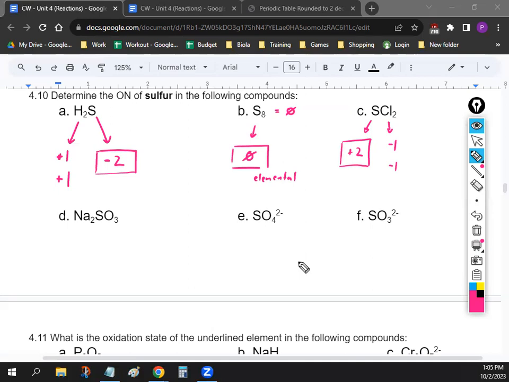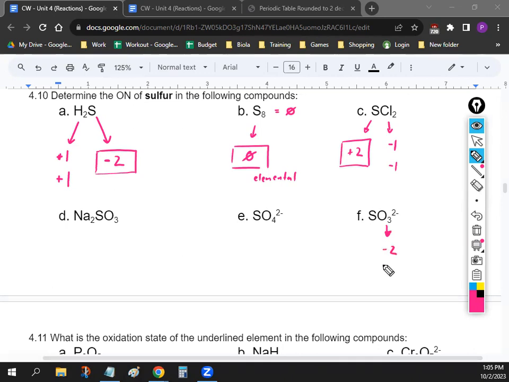Now if you notice, what's different about F compared to the other ones we did? It has a charge. Yeah, so that means everything combined has to equal -2. So we're looking for sulfur. Now, luckily for us, we have oxygen. What's the oxidation number for oxygen? -2 usually. Yeah, -2, in all cases, unless it's peroxide, and this isn't peroxide.